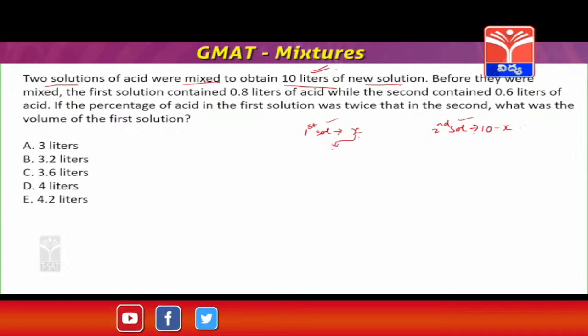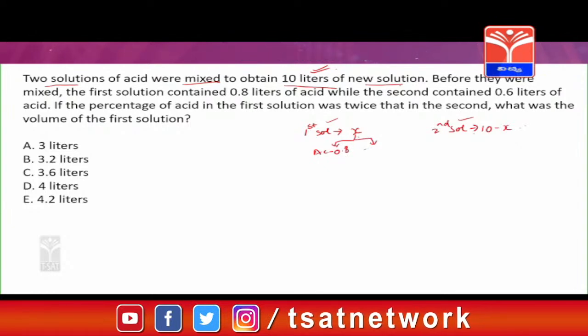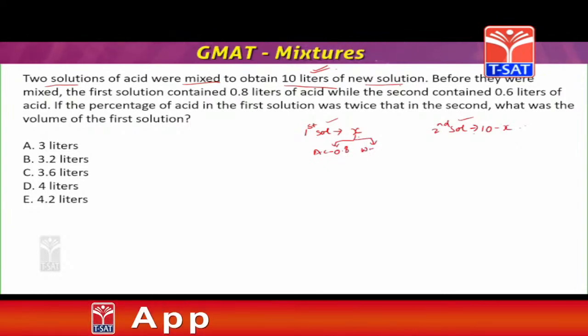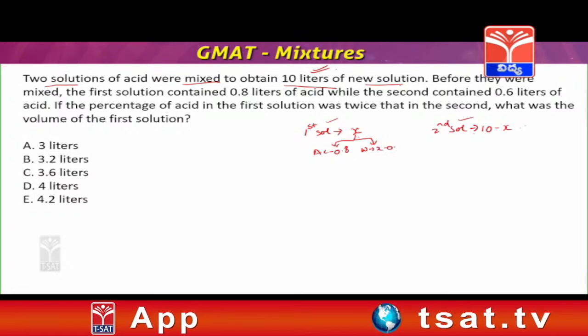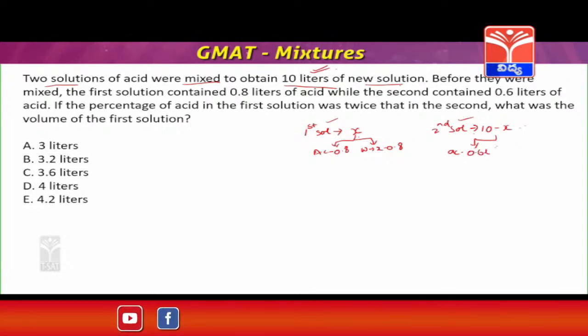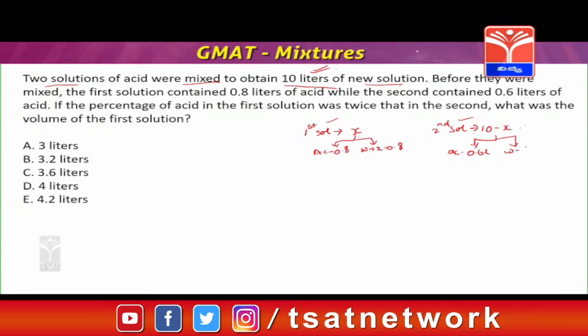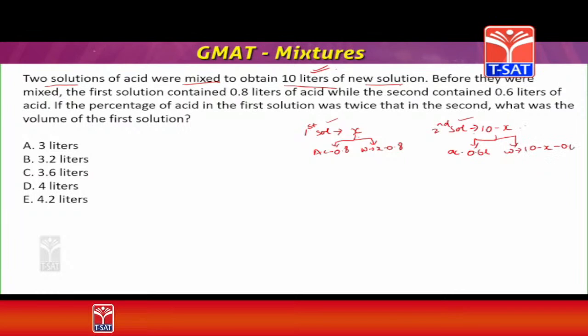So, the water in the first will be x minus 0.8, and the water content in the second will be 10 minus x minus 0.6 liters.